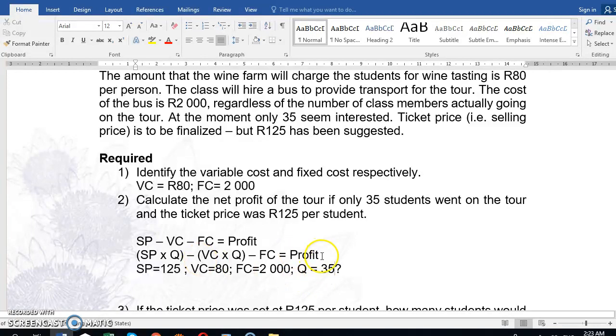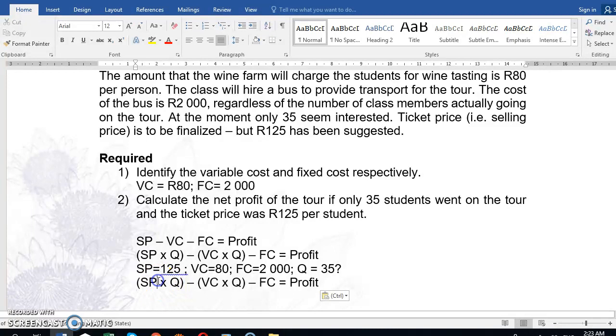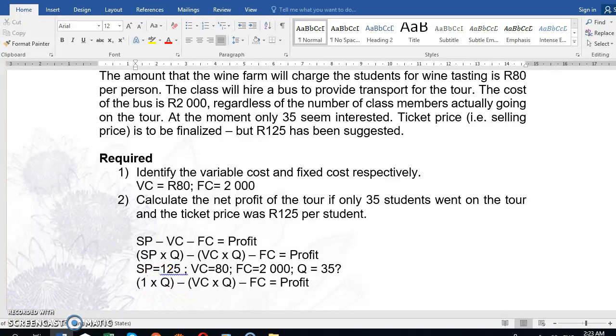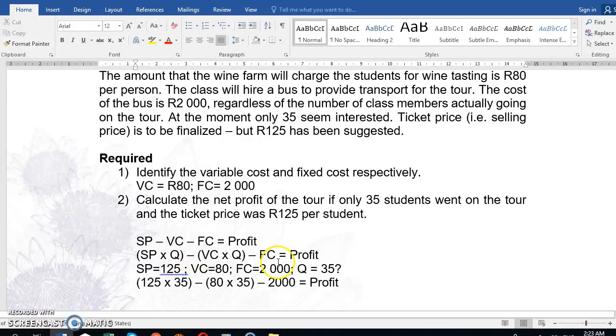So all we do is copy and input what we have into the formula. Selling price is 125 times quantity of 35, minus variable cost of 80 times quantity of 35, minus the fixed cost of 2,000, and that will equal profit.